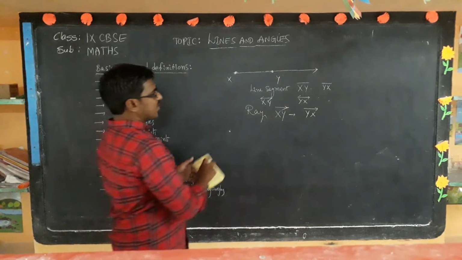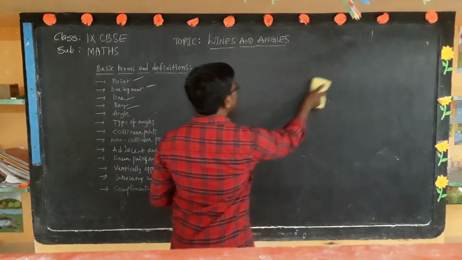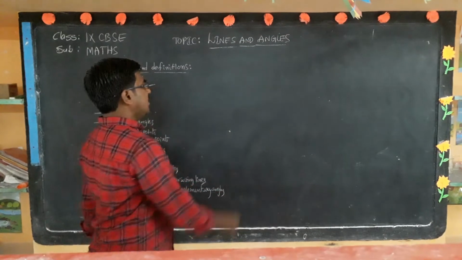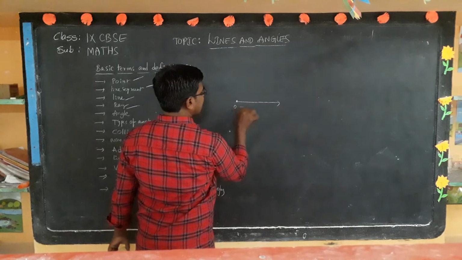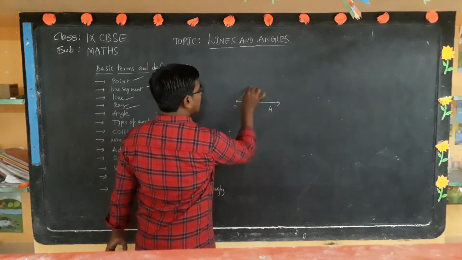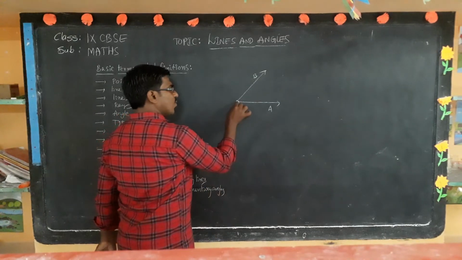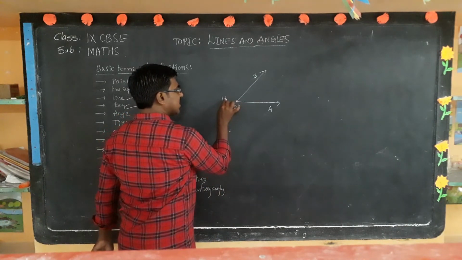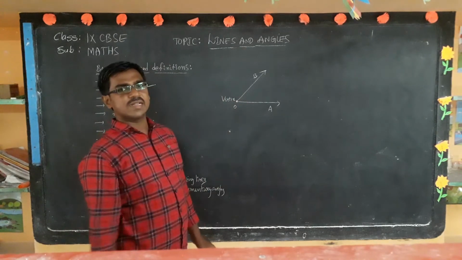Next, what is an angle? You already learned in previous classes. If you take a ray OA and another ray OB, O is called the vertex.